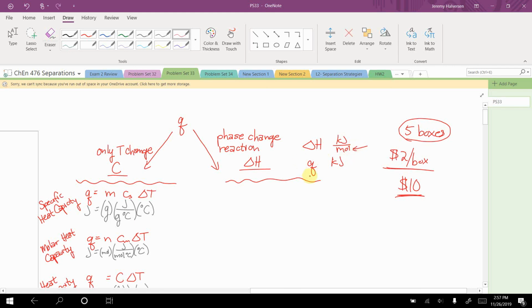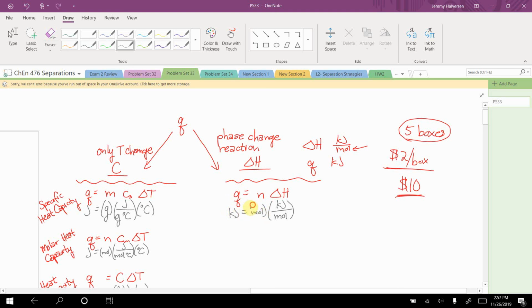So if I want to know how much heat is actually involved in my process, the total heat is equal to delta H times the number of moles that go through that process. Delta H is kilojoules per mole, so to get kilojoules, I need to multiply by moles.